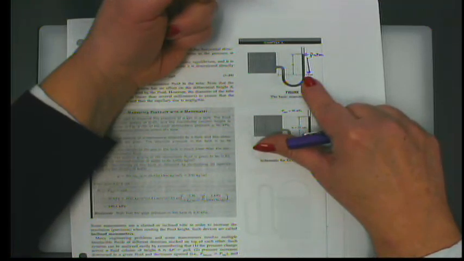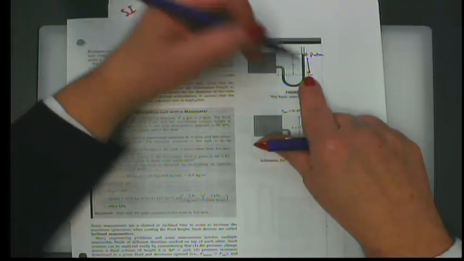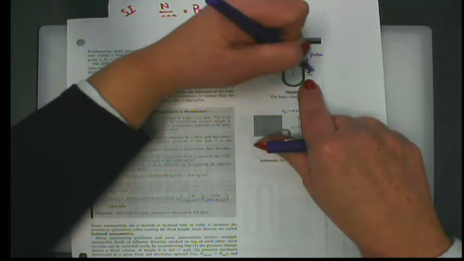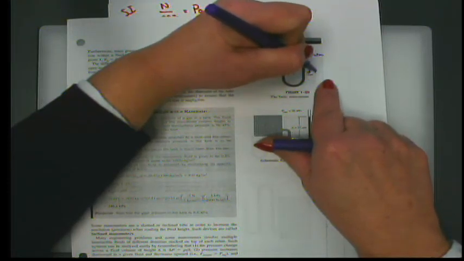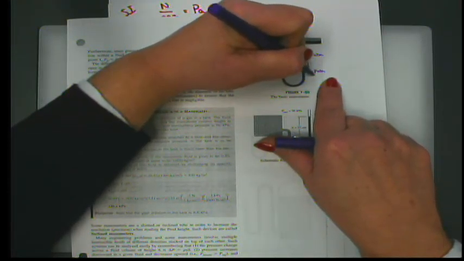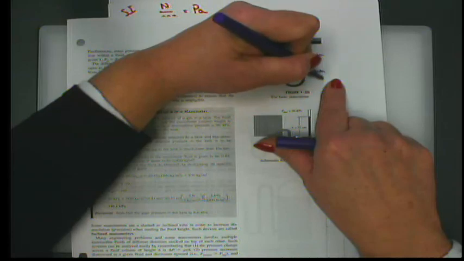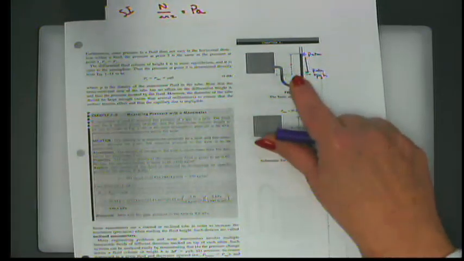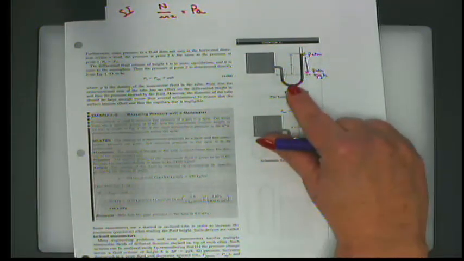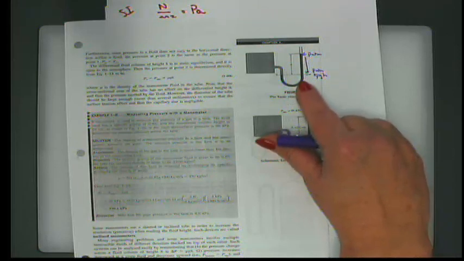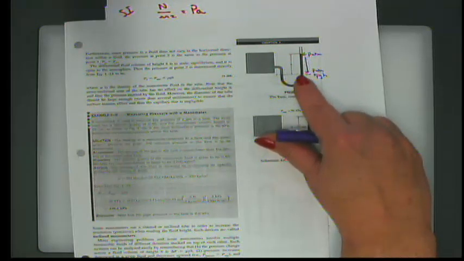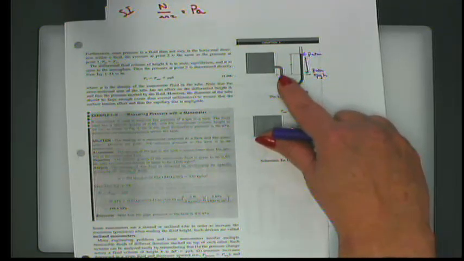Here's this little tiny scuba diver, and he's going to be experiencing a pressure equal to the pressure of the atmosphere plus rho g h, where h is my height and rho is the density of the gauging fluid. Now when we come around the bottom of this U, the height here and the height here are the same. So the pressure here must be the same as the pressure at state 2, right?